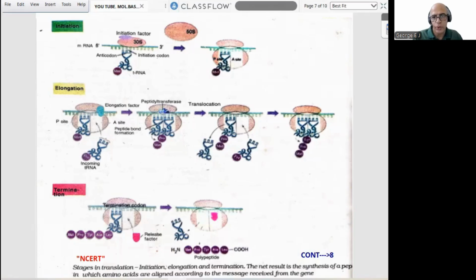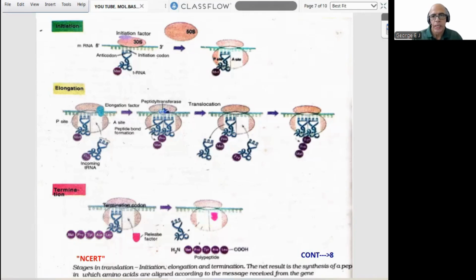These 2 charged tRNAs are close so that formation of the peptide bond between them is energetically favored. For this linkage, there is an enzyme called peptidyl transferase that favors this bond formation. Peptidyl transferase is a type of ribozyme, RNA with catalytic activity: 23S rRNA in bacteria and 28S rRNA in eukaryotes. And you can find the peptide bond is CONH.